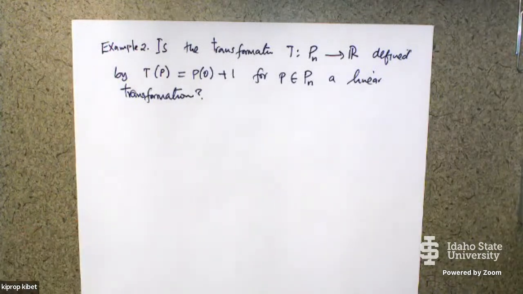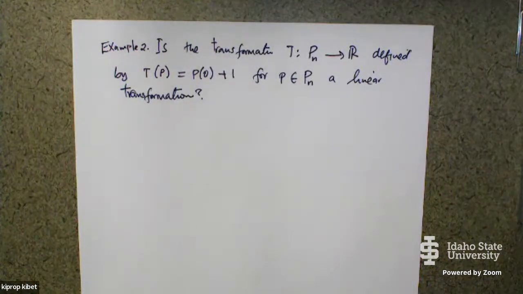Is this a linear transformation? So we need to check whether that will give us a linear transformation. So how can we check this?